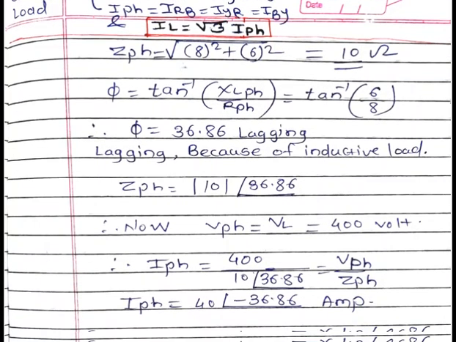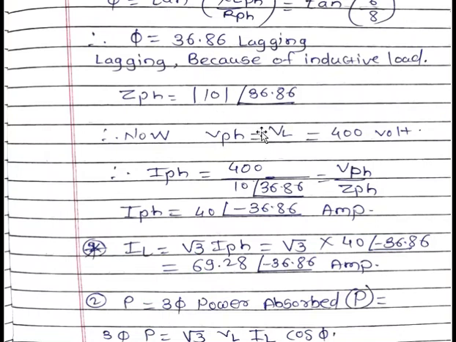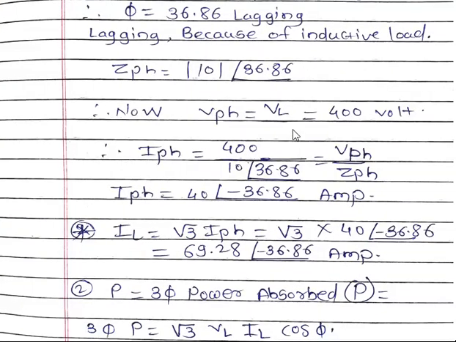Now we calculate the value of VL or VPH. In delta connection load, VL is equal to VPH. Therefore, the value of VPH is equal to 400 volt. Now we calculate the value of IPH, that is phase current. Phase current is equal to VPH divided by ZPH. The value of VPH is equal to 400 volt and the value of ZPH is equal to 10 at an angle 36.86 degree. Now the answer of this calculation is equal to 40 at an angle minus 36.86 ampere.